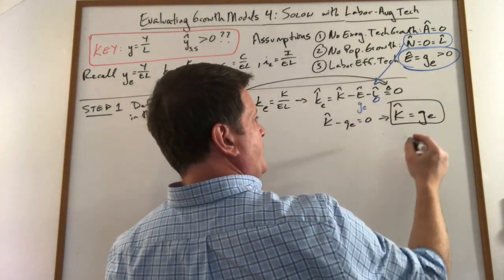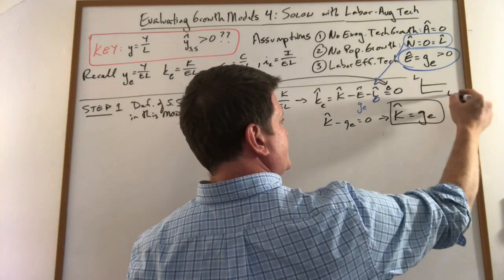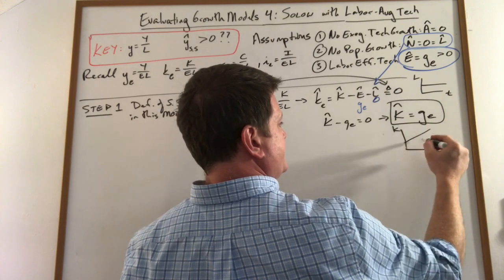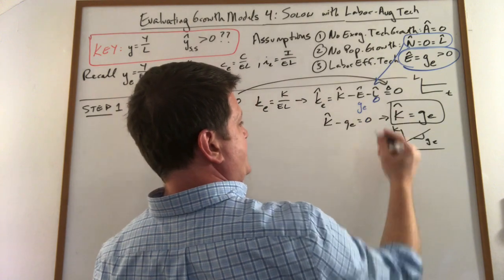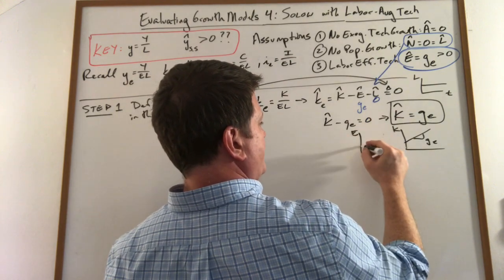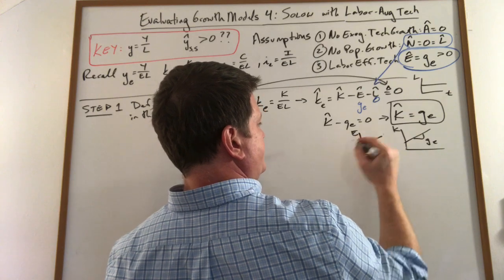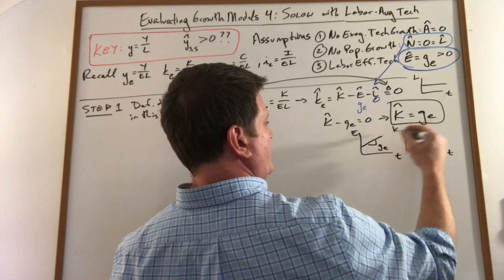Again, if I wanted to plot L, it's constant. If I wanted to plot K, it's growing at gE. If I wanted to plot E, it's also growing at gE. And of course, those are all logs.